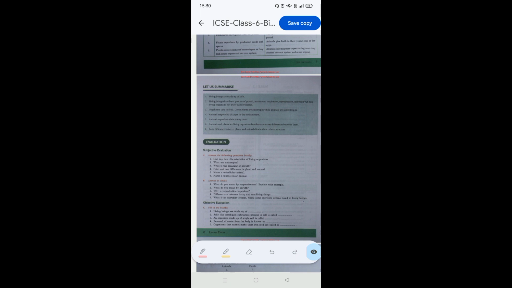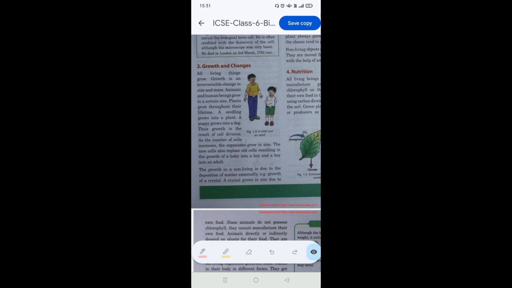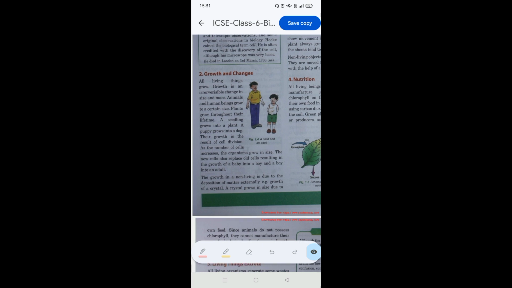And the next question is, what is the meaning of growth? Growth is nothing but an irreversible change in size and mass.